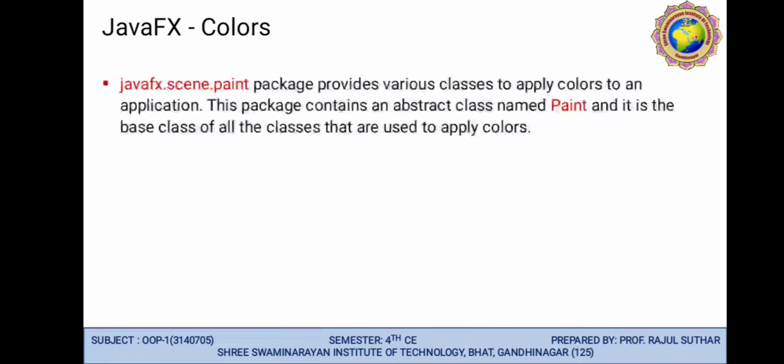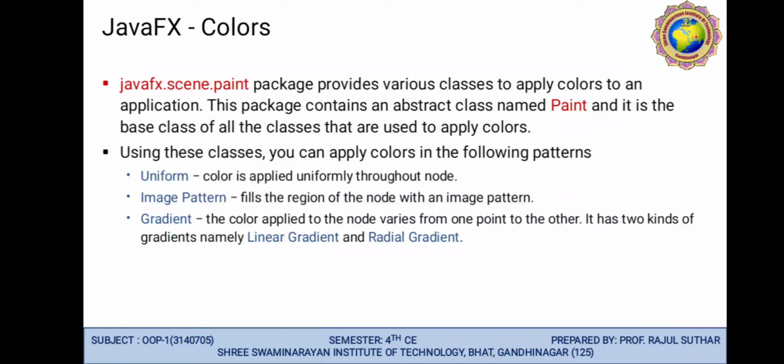What is JavaFX color? The javafx.scene.paint package provides various classes to apply color to an application. This package contains the abstract class Paint, which is the base class of all the classes used to apply color. Using these classes you can apply color in the following patterns. Uniform: the color is applied uniformly through the node.